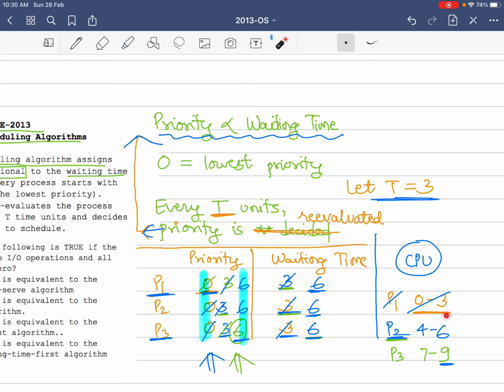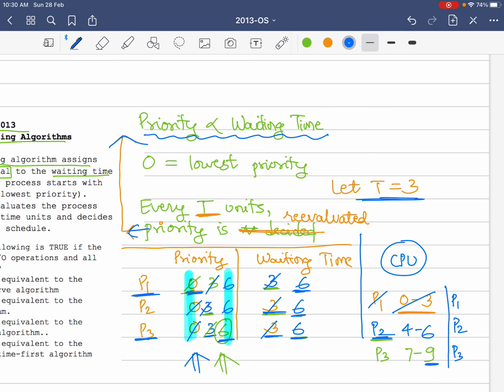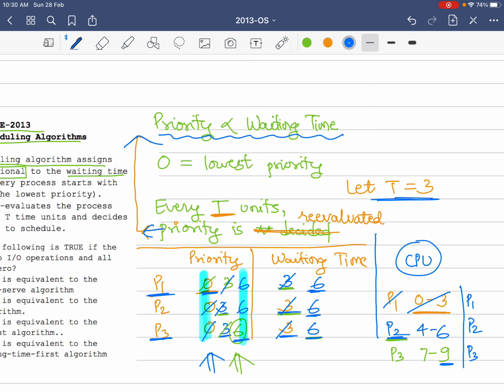P1 is going to get selected, then the waiting time of P2 and P3 will increase, their priority will change, then P2 will get selected, then P3 will get selected. Which means in the next iteration also we have P1, P2, P3 with the time quantum of 3 seconds. So this will be 10 to 12, this will be 13 to 15, and this should be 16 to 18.